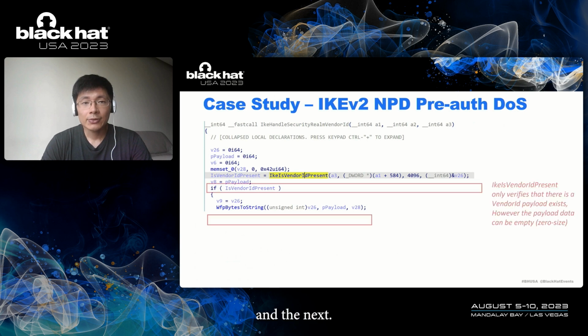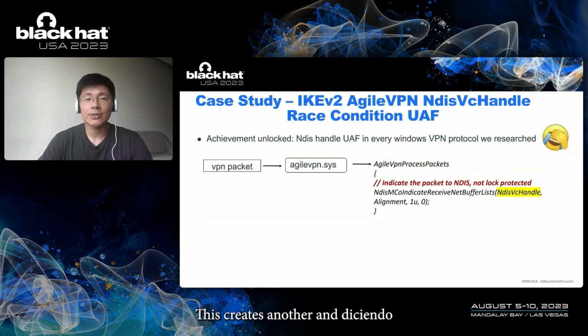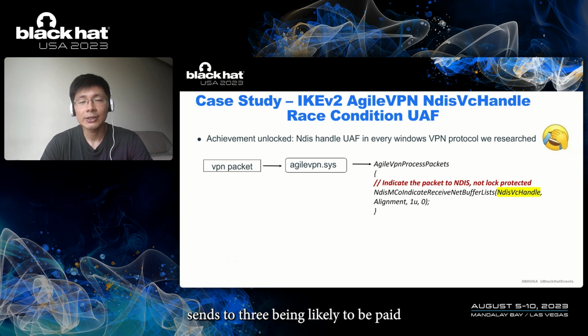And next, this is yet another NDIS handle use-after-free in the IKE v2 VPN. By finding this bug, we unlock the achievement that we have found an NDIS handle use-after-free bug in every Windows VPN protocol we researched. Very cool.